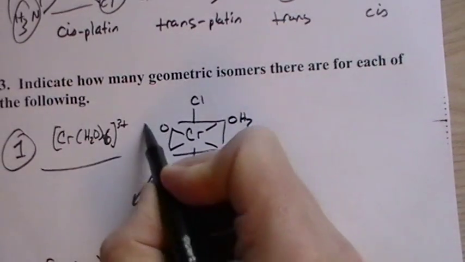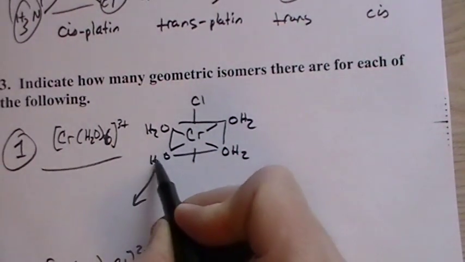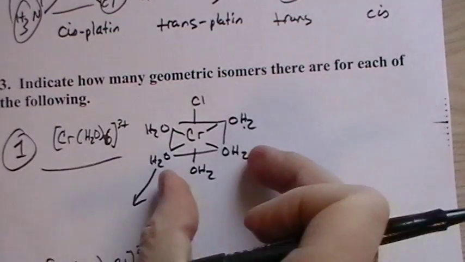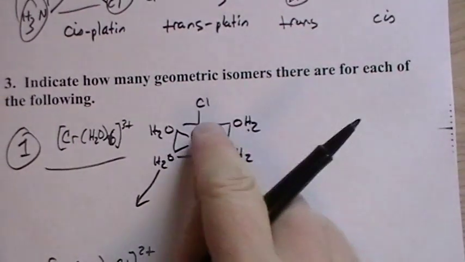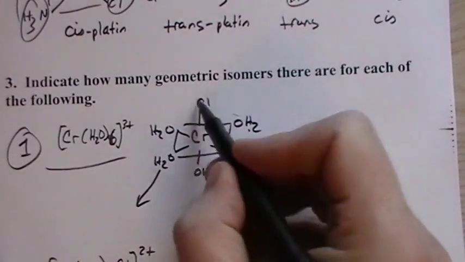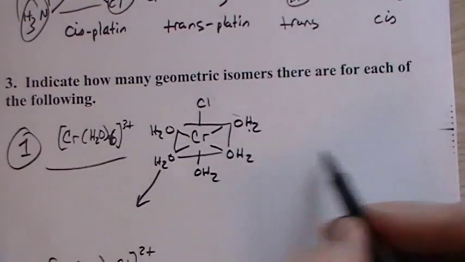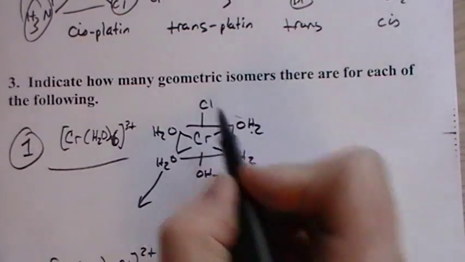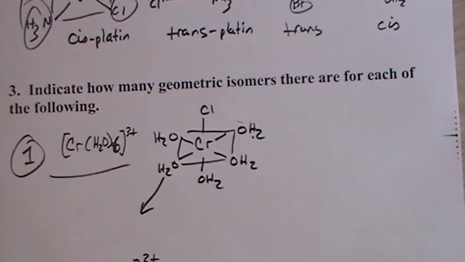But for this one, it looks like there might be more than 1. But if you move this chlorine here, then you can easily tilt this molecule back up to put the chlorine on top. So no matter where you put the chlorine, for another, what you might think is an isomer, you can rotate it back into the original form. And that's one of the definitions of the isomer.